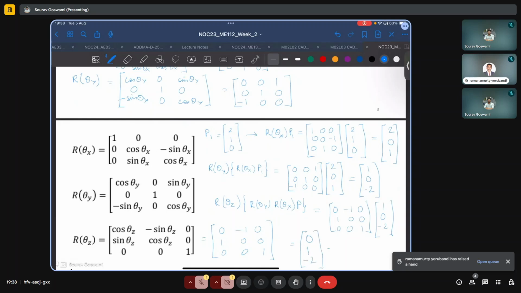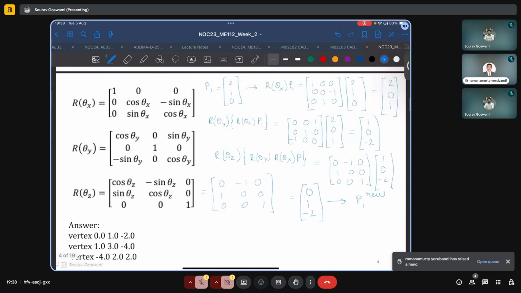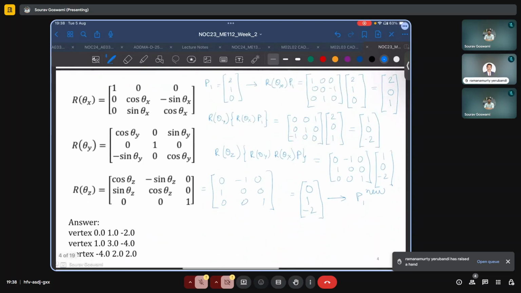So this is P1 new. And we can similarly solve for the other points P2 and P3, and the answers are given here. This is P1 new, P2 new, and P3 new.